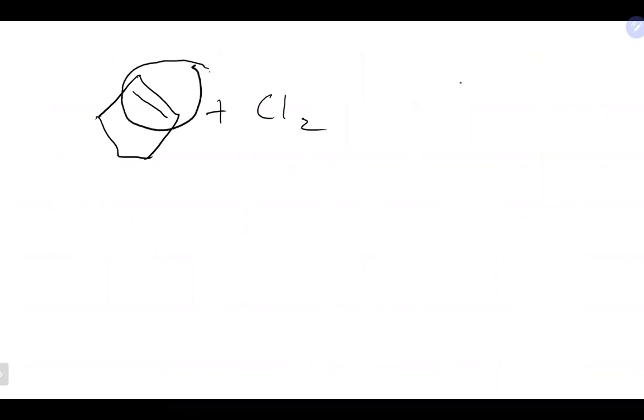That frees up a spot here and here for a chlorine each. So that's what would end up happening in that case. This is a symmetrical one, where we're adding two of the same thing, so it doesn't really matter which one you put it on. They both get there. But the key in all these addition reactions is that the double bond becomes a single bond, and each carbon in that double bond gets the thing coming in.